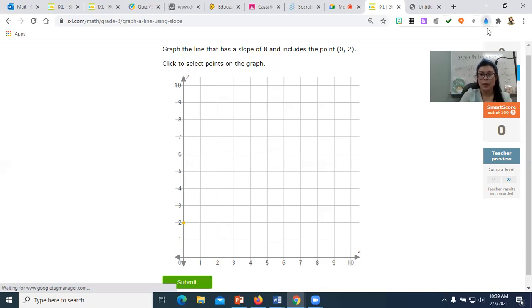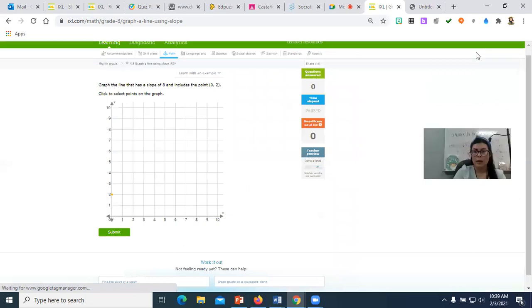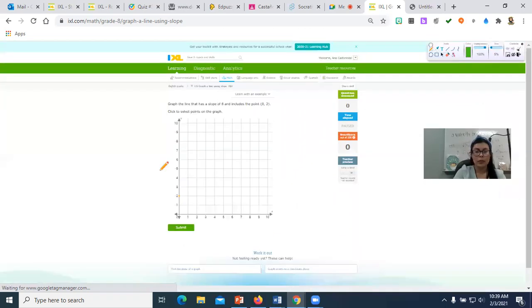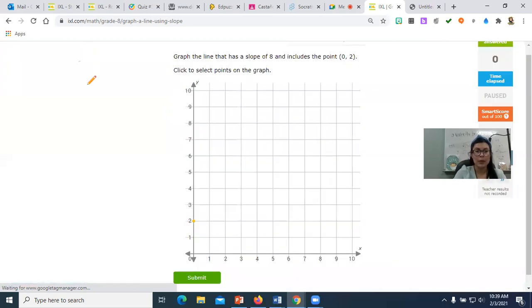I'm going to write that on my screen because I have this little fancy Google extension. So that means my slope is really 8 over 1. Anytime you have a whole number, to make it into a fraction, it's always going to be over 1.